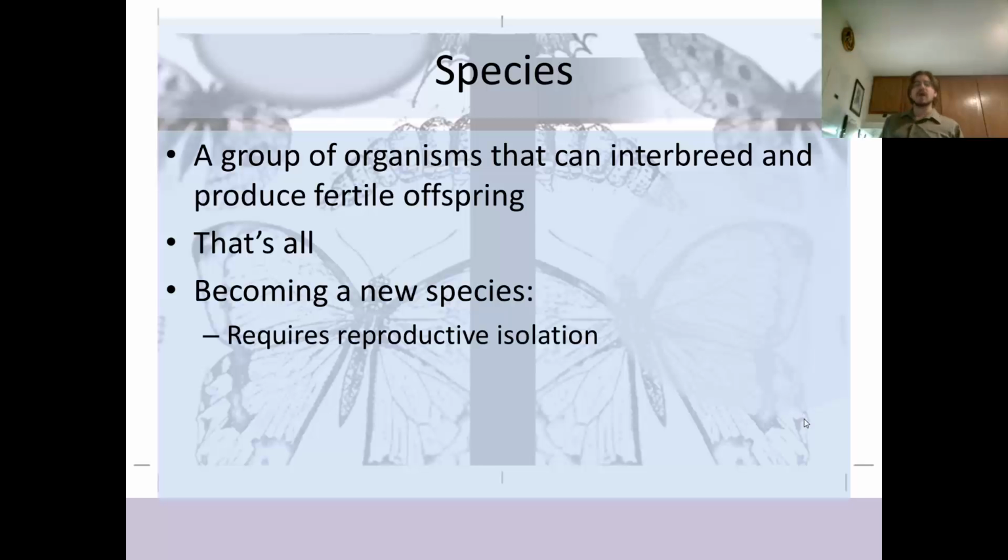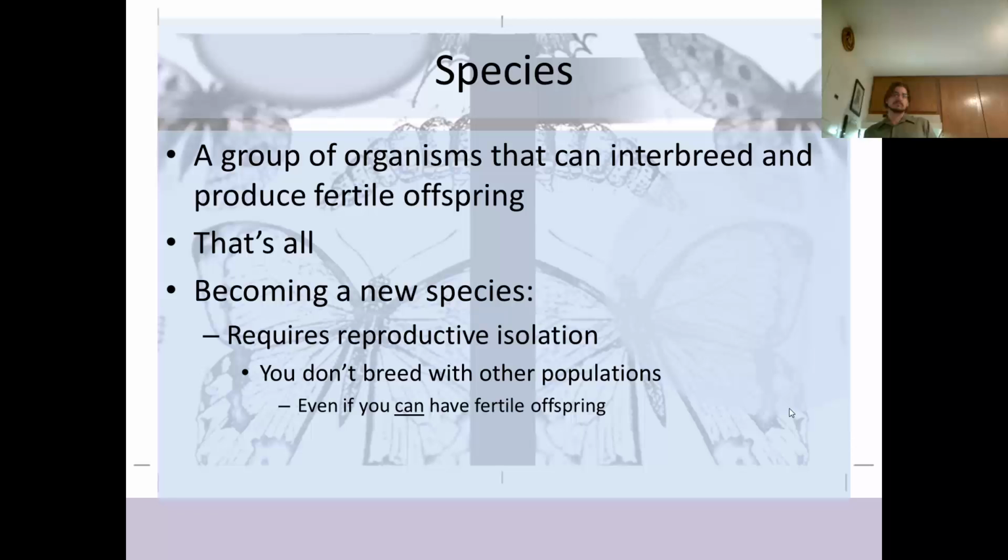So how do you become a new species? Well, you require reproductive isolation, which means you don't breed with other populations. And you can be separate species even if you can have fertile offspring with a member of a different species.